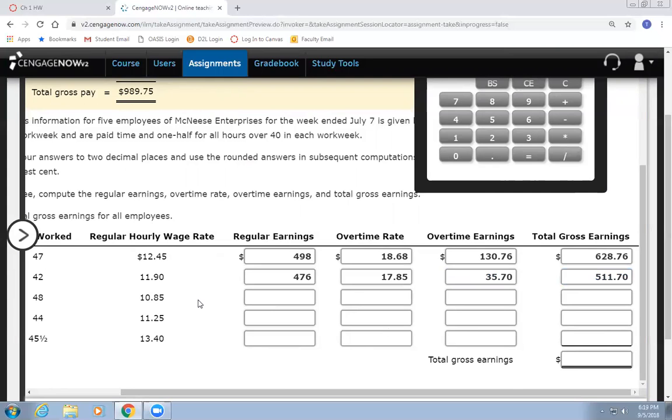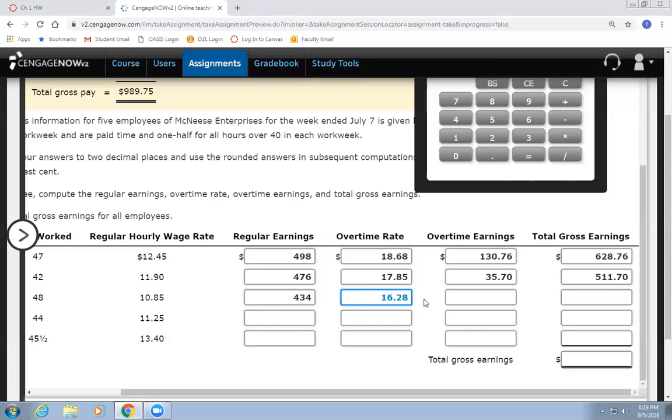So again, it's just practice calculating overtime on this first one. We would do the same for all the employees. Our next employee worked 48 hours at $10.85 an hour. So what is the third employee's regular earnings? Perfect, $434. And overtime rate? $16.28.